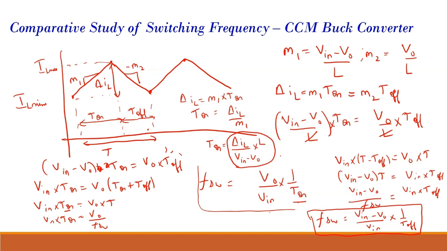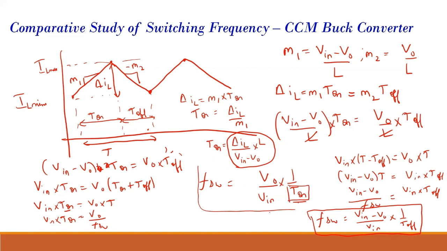for hysteresis current control. You will ask how, from one formula, I'm getting the formula for the other modulation techniques. This is possible because I'm just analyzing the steady state inductor current waveform and deriving these conclusions. Now, for constant on time, my on time is fixed.